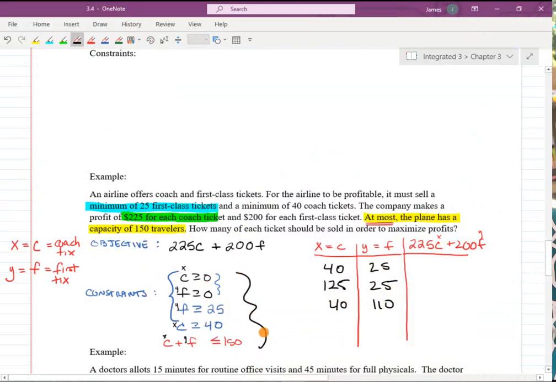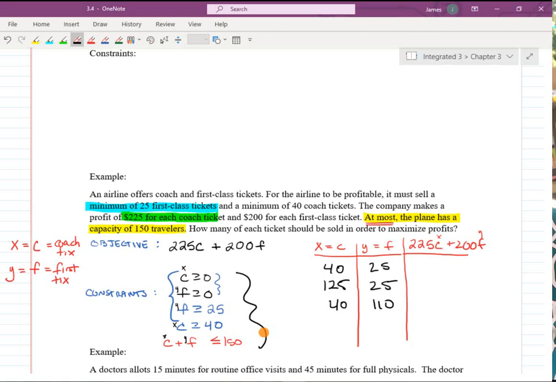Okay, if I add those up, if I add 40 and 25, add that first row up, were they less than 150 when I add them together? Yeah. Was the 40 greater than or equal to 40? Yeah, so it met that. Was the 25 greater than or equal to 25? Yeah, and met that, right?